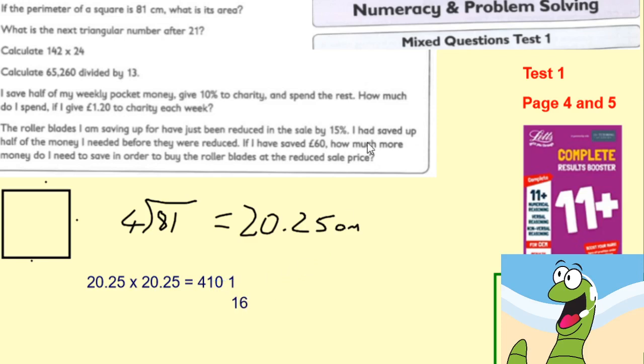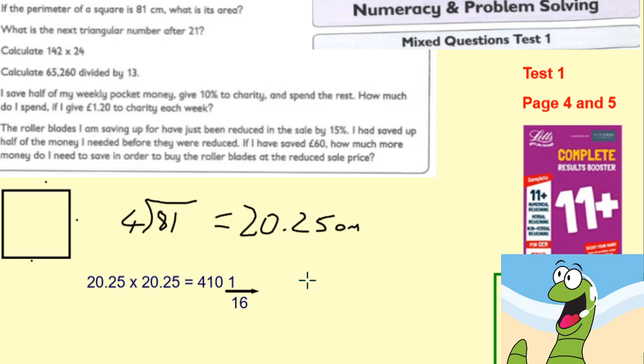Okay, 1 and 1/16. The reason for that is that 0.25 is equivalent to a quarter. And when 1/4 is multiplied by a quarter, it's 4 times 4, which gives us 16.